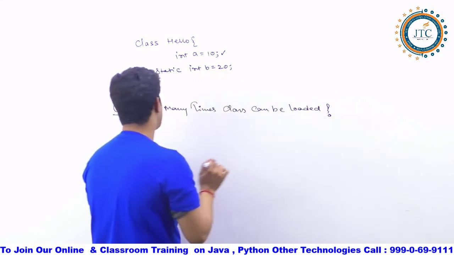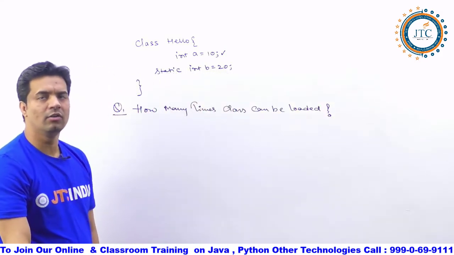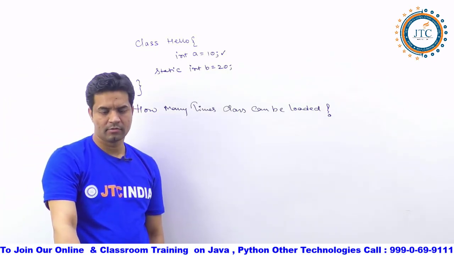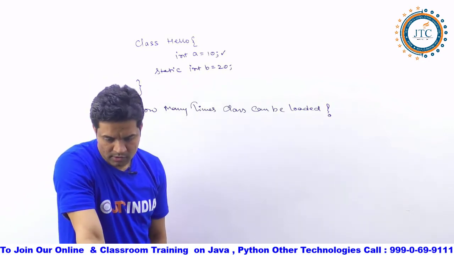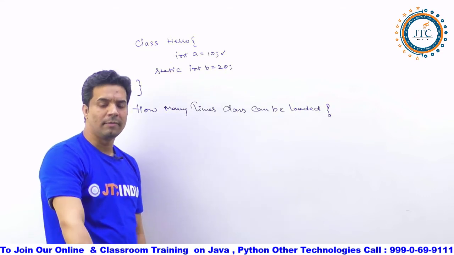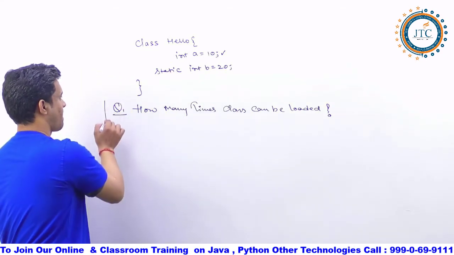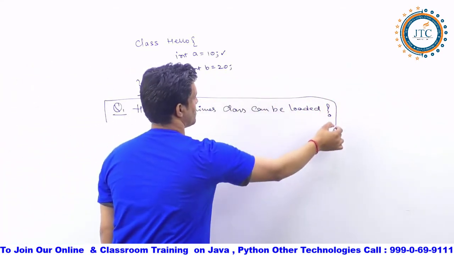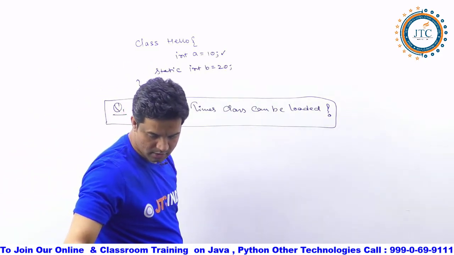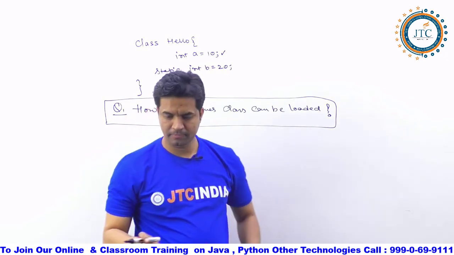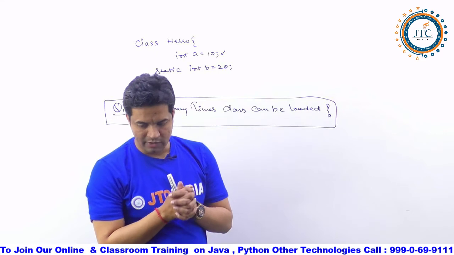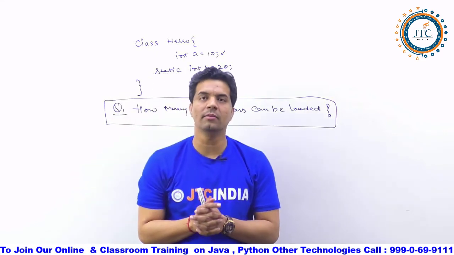How many times can we load a class into the main memory? Can you please reply in the comment box? How many times can a class be loaded into the main memory? What happened? All of you are sleeping? Only once can a class be loaded into the main memory.